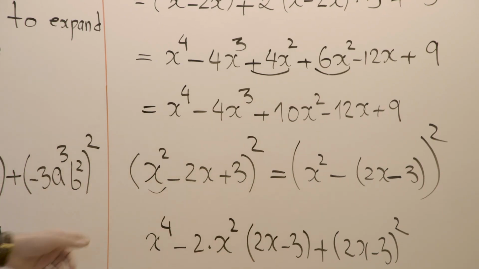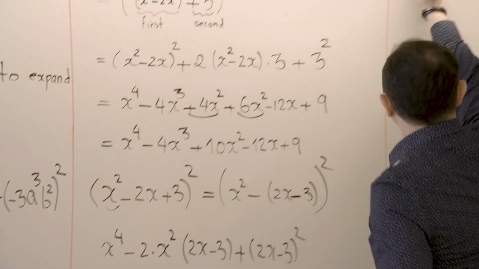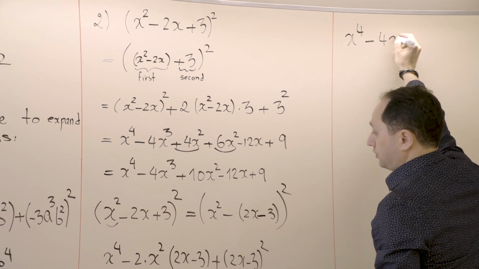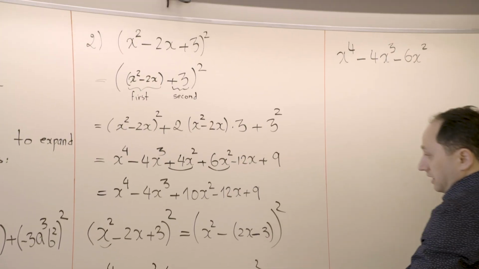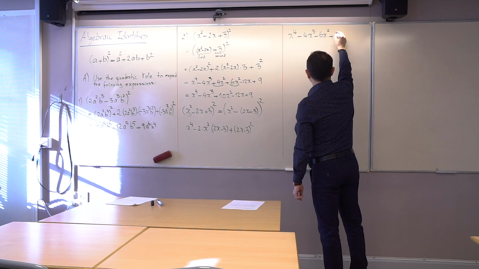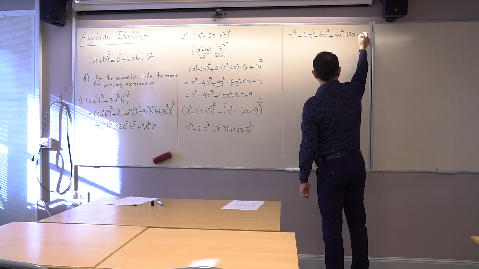Yes? This is correct again. And if I calculate that, it becomes x to the 4, and then I multiply it, it becomes minus 4x cubed minus 6x squared. And then this is another quadratic pattern, so it becomes 4x to the 2 minus 12x plus 9.